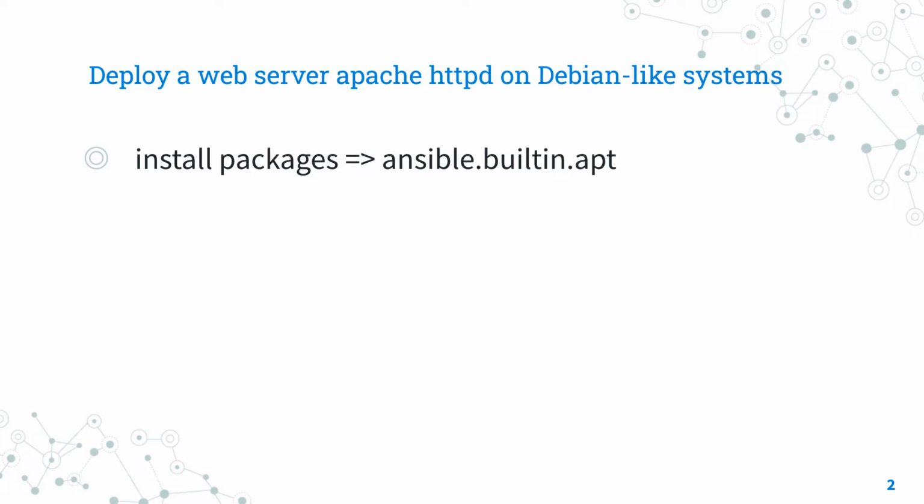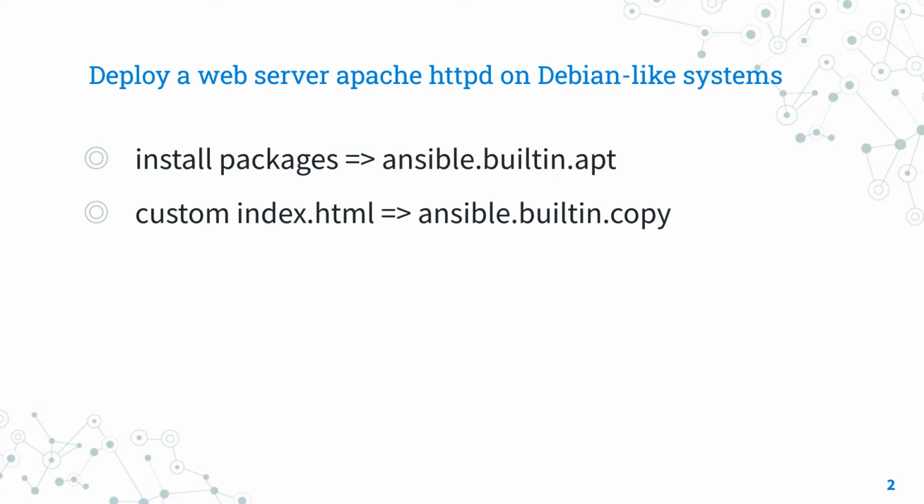Firstly, you need to install the Apache package and dependency using the ansible.builtin.apt Ansible module. Secondly, you need to create the custom index.html with ansible.builtin.copy Ansible module. You could upgrade this step using the template module.